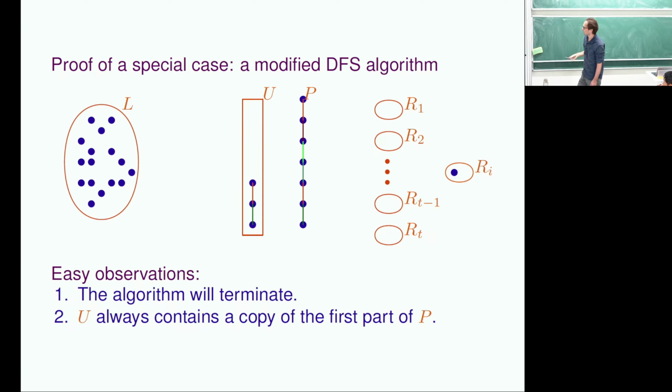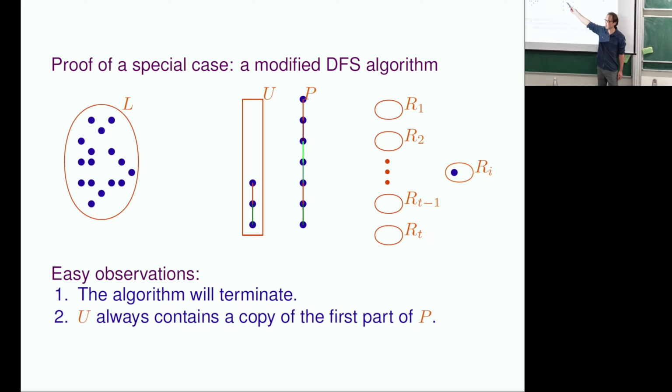And whatever vertices are in U, it's always going to be a copy of the first few vertices of P. In theory, maybe you always get stuck on the first vertex and there are never any edges, but whatever vertices are in U, it's always a copy of the first vertices of P.